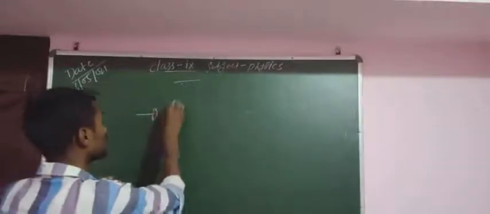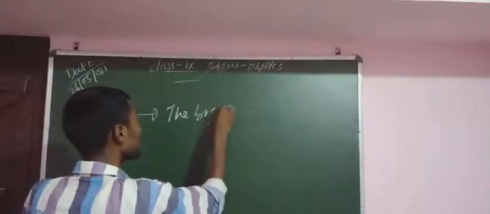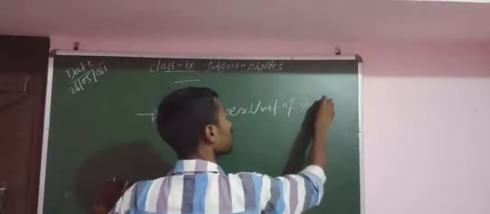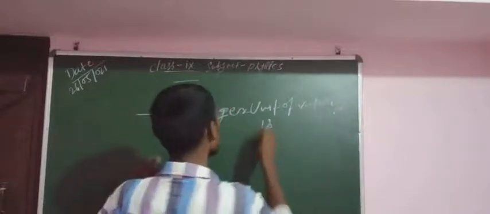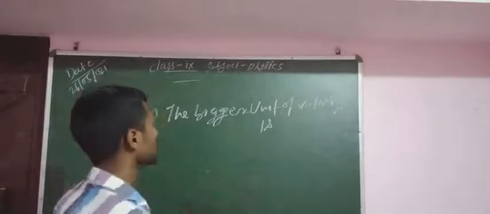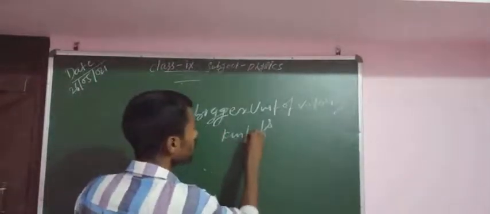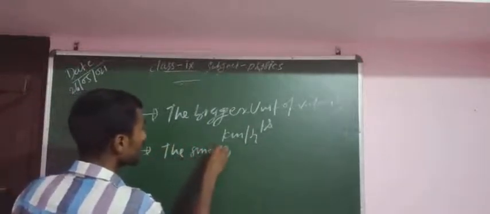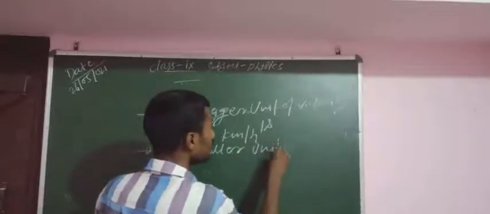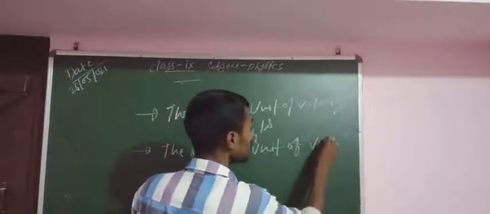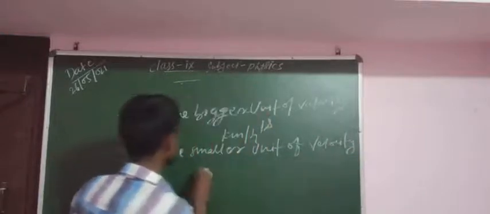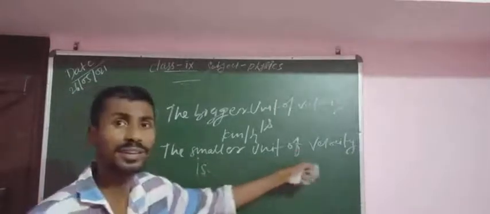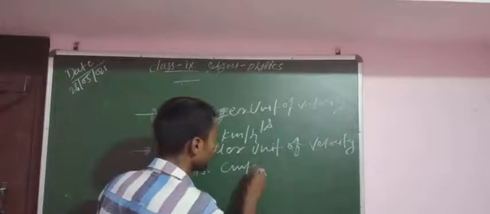The bigger unit of velocity is kilometer per hour. The smaller unit of velocity is centimeter per second.